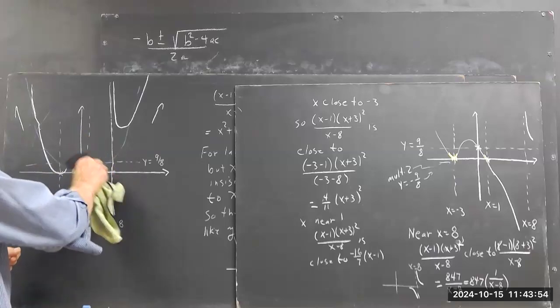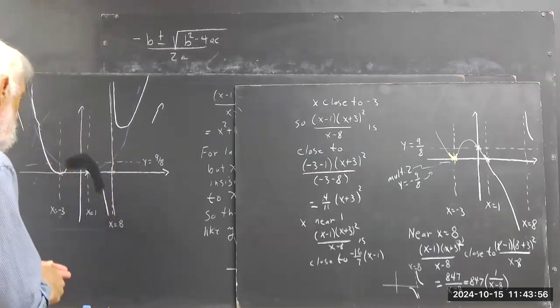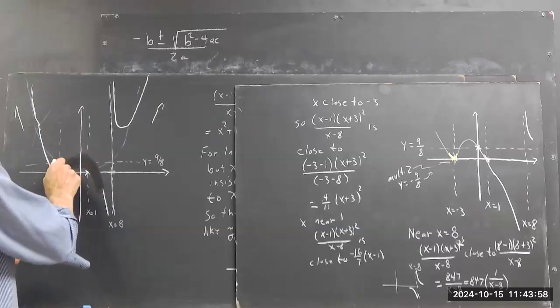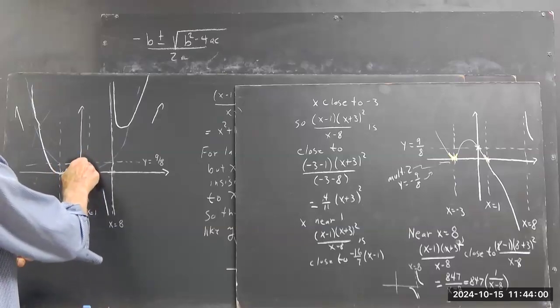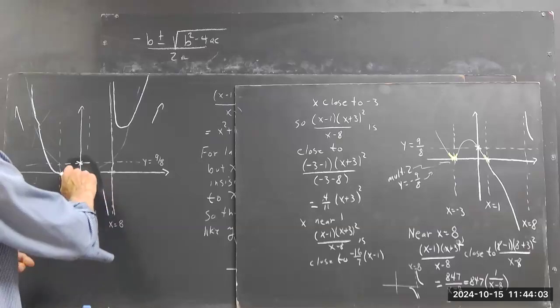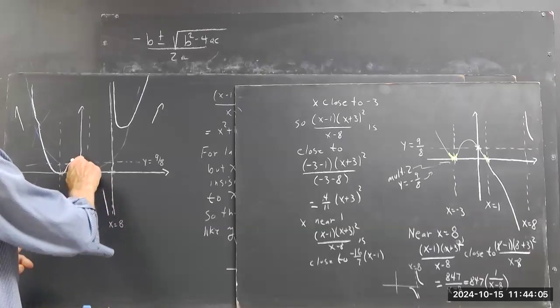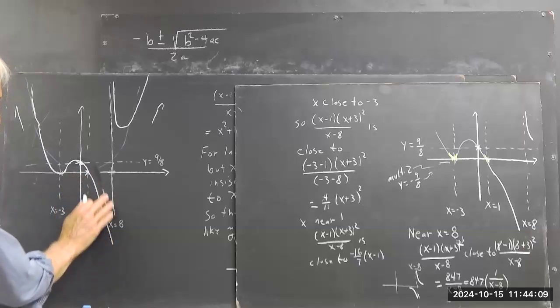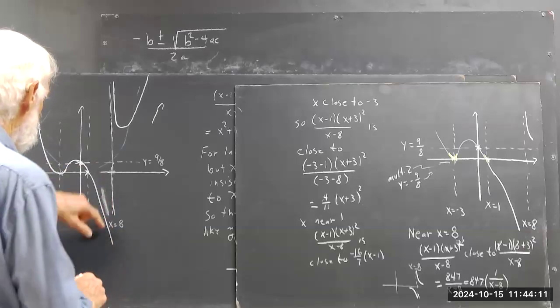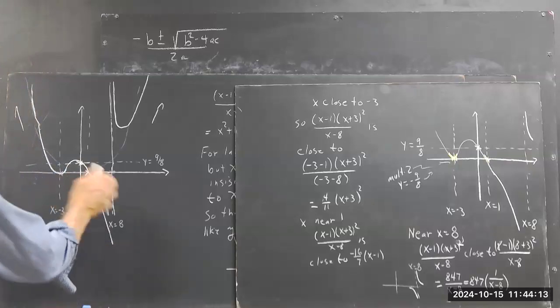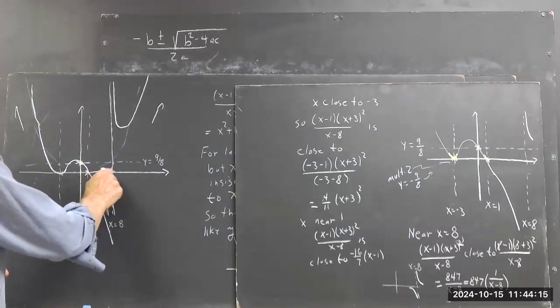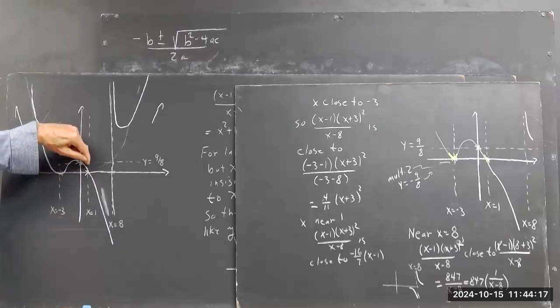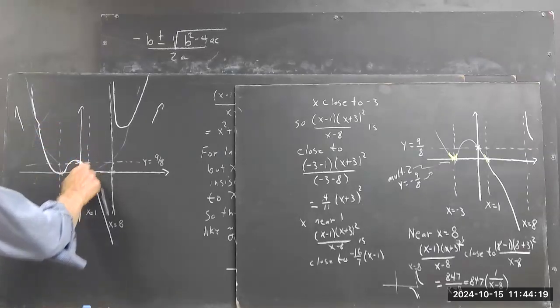So let me just fix that a little bit. And we go through this point, and we go through this point. We've got to come up here, so we go down through this point, get down through this point, and then we follow an asymptote to this line. Looks very similar to what we just had, but it's now correct. We didn't have a point right here. That was ridiculous. Okay.